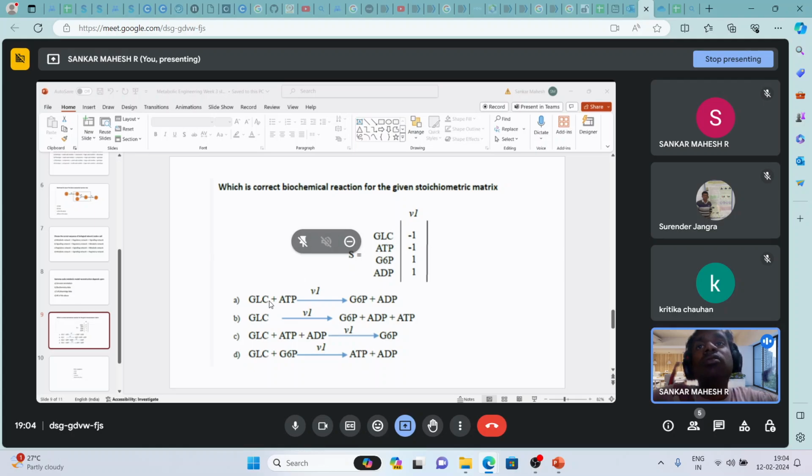In this case, 1 mole of glucose and 1 mole of ATP interact and give 1 mole of glucose 6-phosphate and 1 mole of ADP. Because glucose and ATP are consumed at 1 mole each, we get minus 1 and minus 1 here. Whereas glucose 6-phosphate and ADP are produced at 1 mole each, so we get plus 1 and plus 1 here. So the right answer is option A.